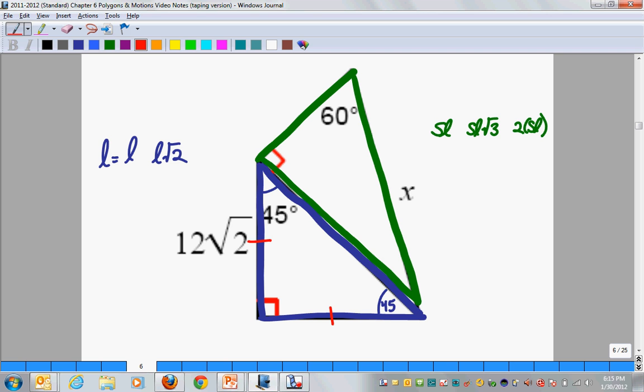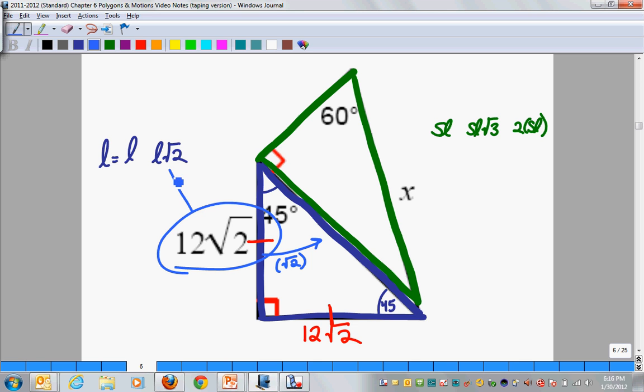Welcome back. Let's see what we can do here. Well, first off, if one leg is 12 root 2, then the other leg down here must also be 12 root 2. The pattern we have here is whatever the leg is, to get to the hypo, we times by root 2.